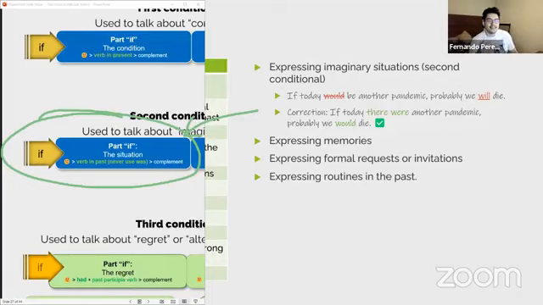Fuera is ser or estar. So what do you eliminate? If I were, exactly.